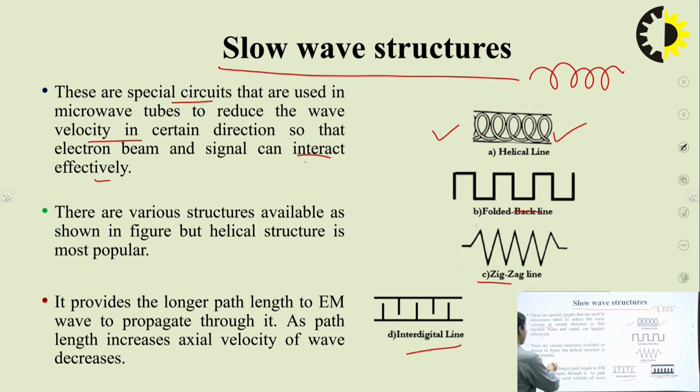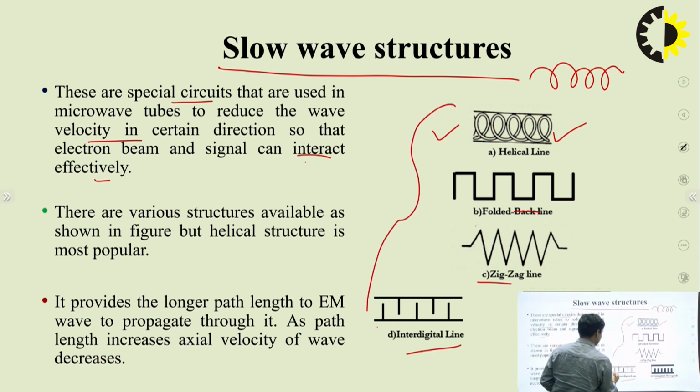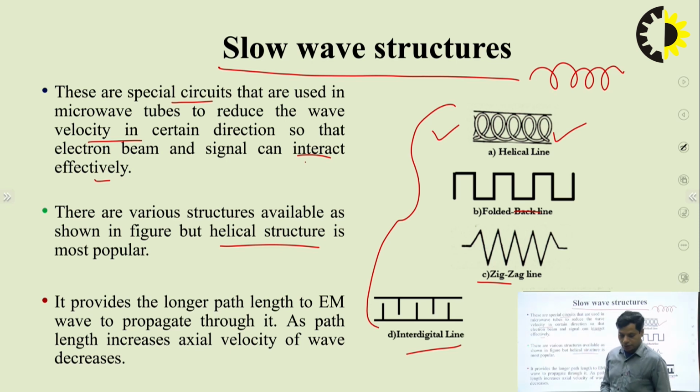There are various structures available, as you can see in all these pictures. Out of these, the helical structure is the most popular one used as the slow wave structure to generate or amplify the signal in the microwave tube. Now, how does it provide the slow wave?